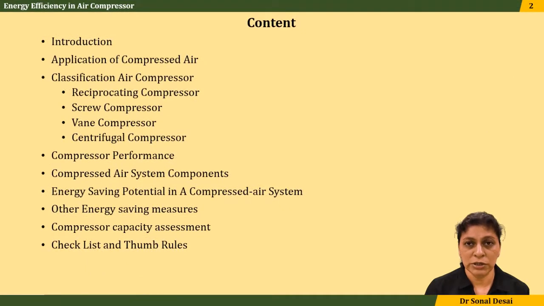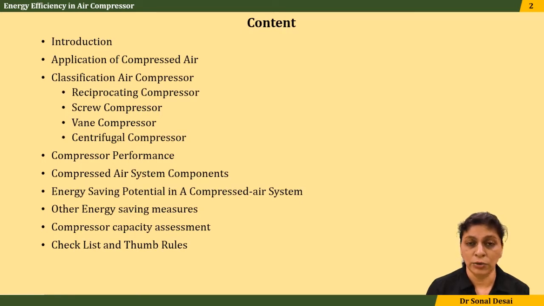So in this video series, it is talked about what is air compressor, what are general applications of compressed air, then what are different compressors used in industry starting from reciprocating, scroll, screw and vane compressors. Then how to assess performance of compressor.